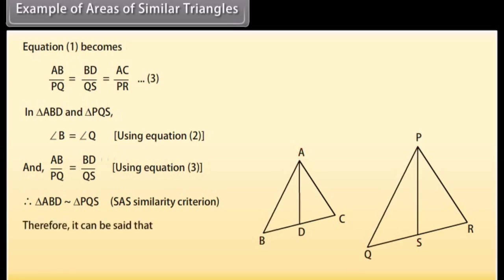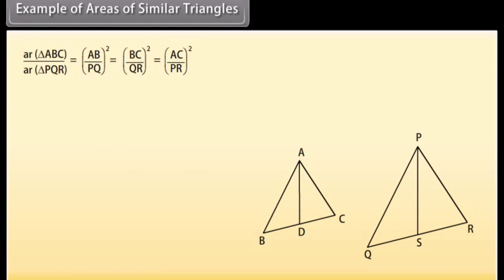Therefore, it can be said that AB/PQ equals BD/QS equals AD/PS. Mark it as 4. Area of triangle ABC over area of triangle PQR equals (AB/PQ) whole square equals (BC/QR) whole square equals (AC/PR) whole square.